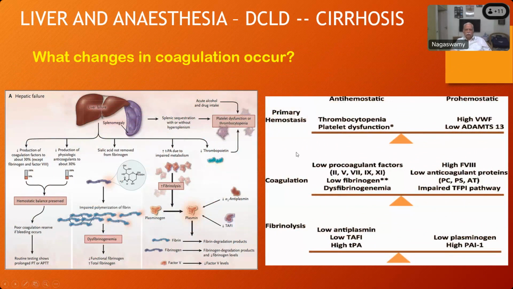Coagulation failure can happen mostly because of the absence of coagulation factors and the increased fibrinolysis. And the anti-hemostatic factors are also decreased, like protein S and protein C. So that may lead to bleeding also sometimes.